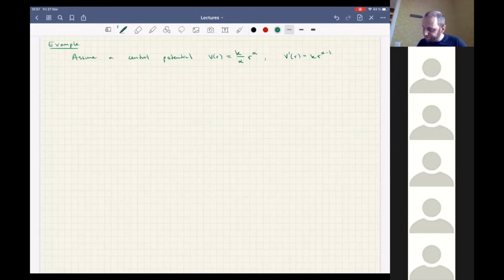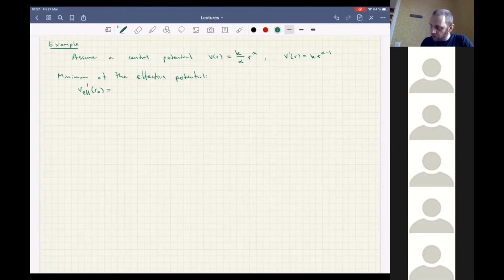So the minimum of the effective potential, we can find that. If we just take the derivative, and take the derivative of the angular momentum term as well, we're going to get the effective derivative, and I'm going to evaluate that at R0, which is the minimum of the effective potential that we already discussed. This is where you have this circular orbit.